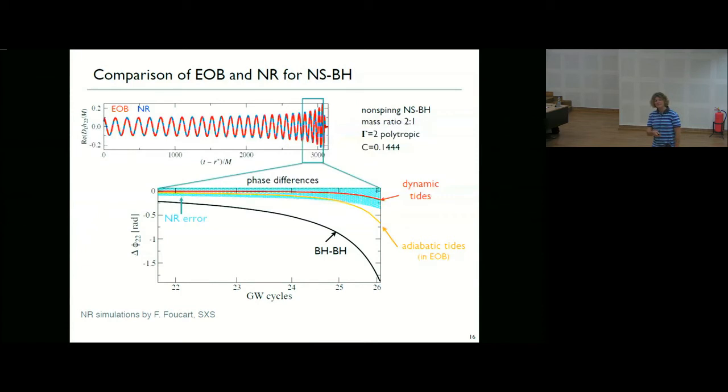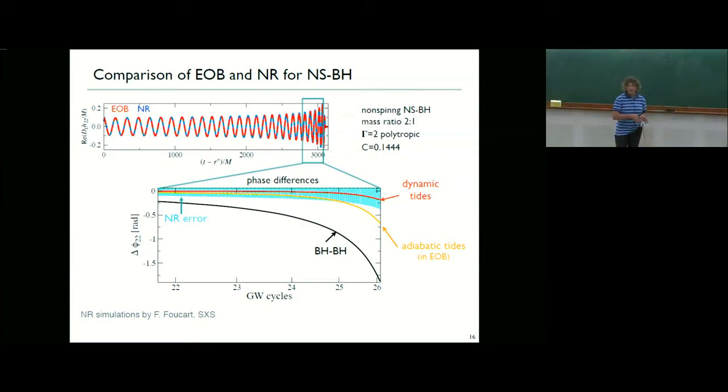So here is the dephasing in radians, on a very, very small scale. And here is the gravitational wave cycles after the beginning of the waveform. The cyan region is the error in the numerical simulation, because those are also numerical relativity. These simulations, including matter effects, are more difficult than just simulating two black holes.